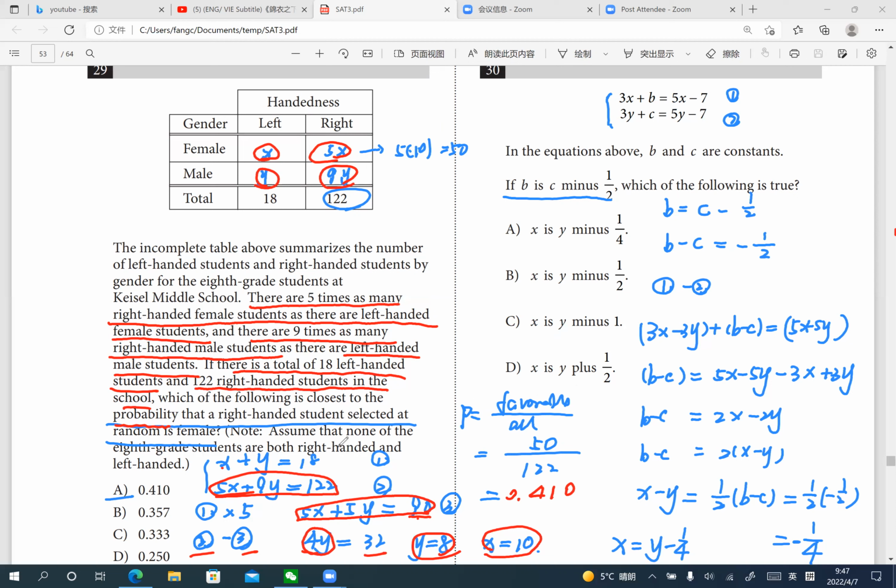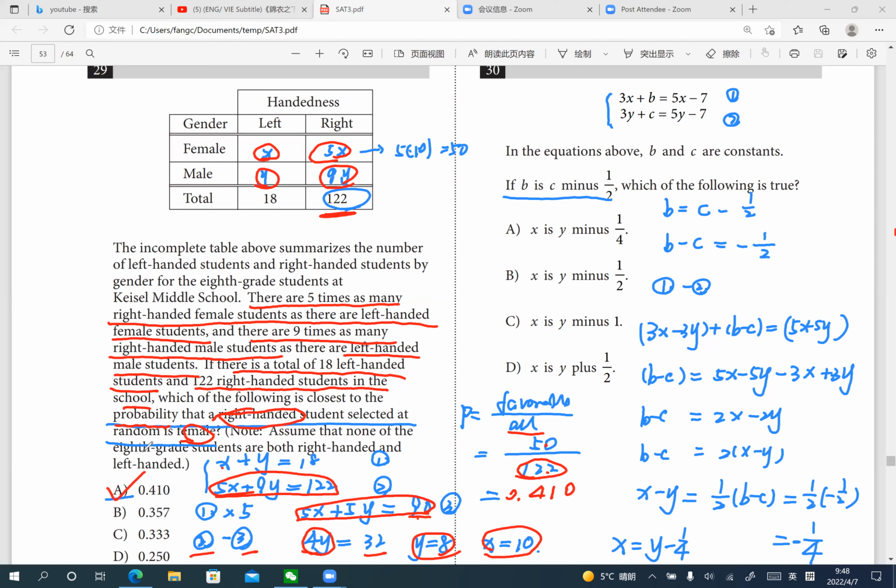In our question, because this student is selected from the right-handed group, the number of all outcomes should be equal to 122. And the number of right-handed female students is 50. So the probability should be equal to 50 divided by 122. It's about 0.410. So we should choose option A.